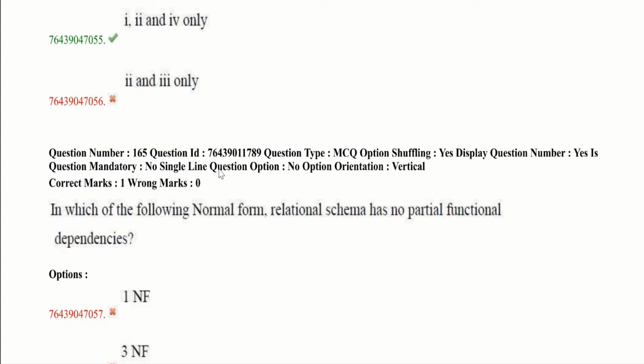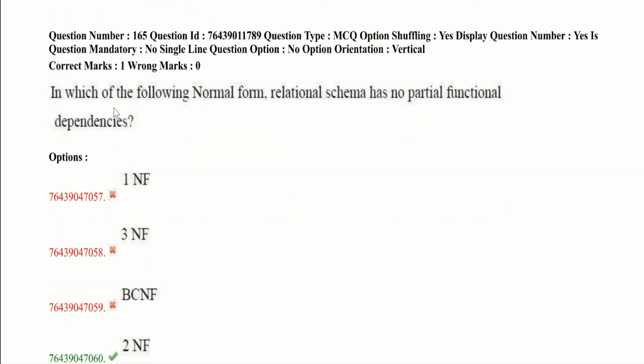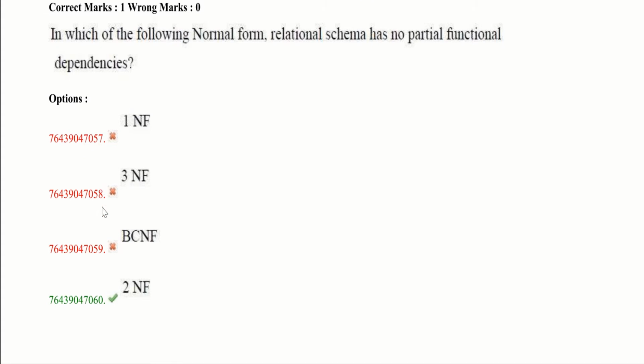Now let's go through the fifth question. In which of the following normal forms does the relation schema have no partial functional dependency? The correct option is second normal form. There are only four normal forms, so you go through all the key points in them. First normal form: no multi-valued attributes. Second normal form: no partial dependency.